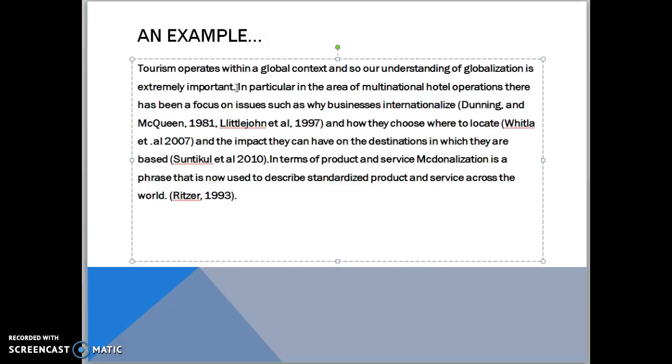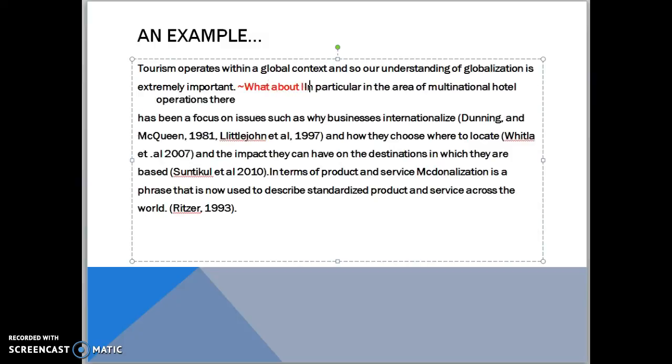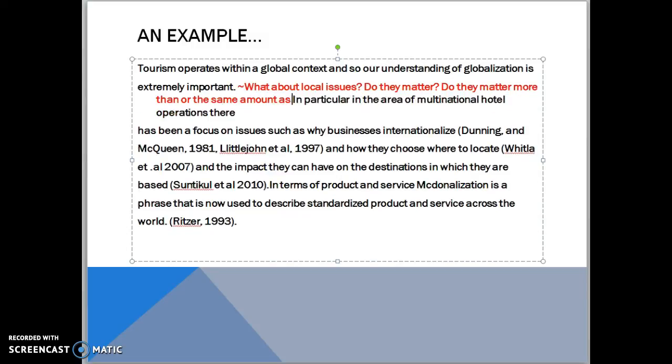So what strikes me here straight away is that the student is saying that globalization is important, but what about local issues? Do they matter? And then, even deeper again, do they matter more than or the same amount as global issues?